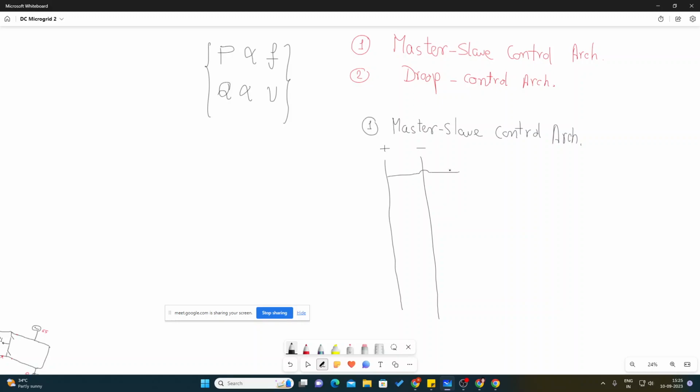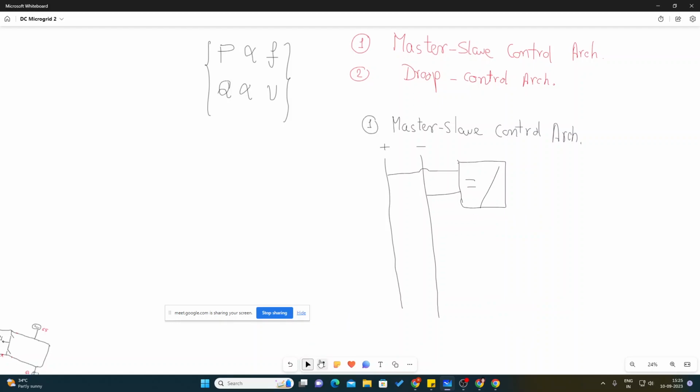From here, this is the inverter, and this is the load, right?